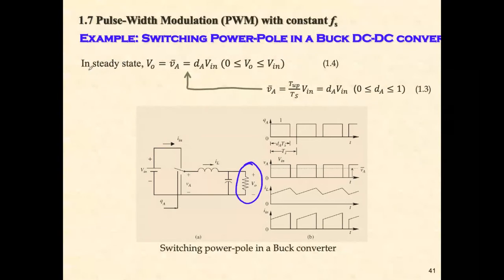And I said that for the DC-DC converter, all the things are in steady state, so it means that the average value is a constant. And DA, the duty ratio, is also a constant for a specific switching power pole. Then we will have further waveforms, and I will talk about that more in detail later.